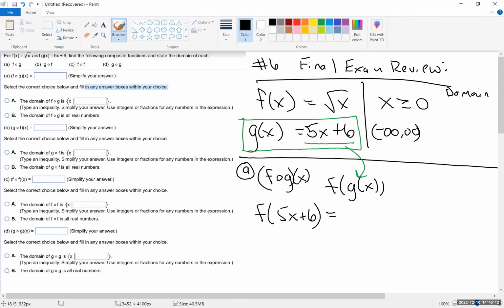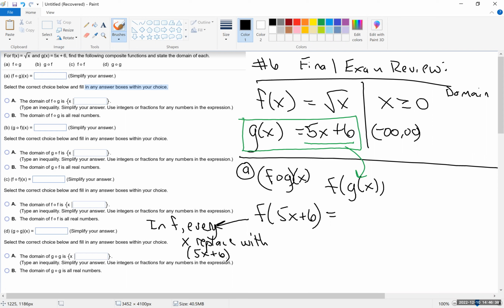Well, this means in f, everywhere that there's an x, you replace it with the 5x plus 6.